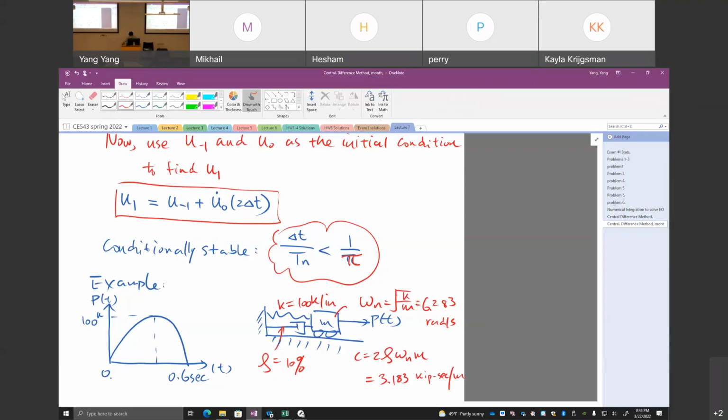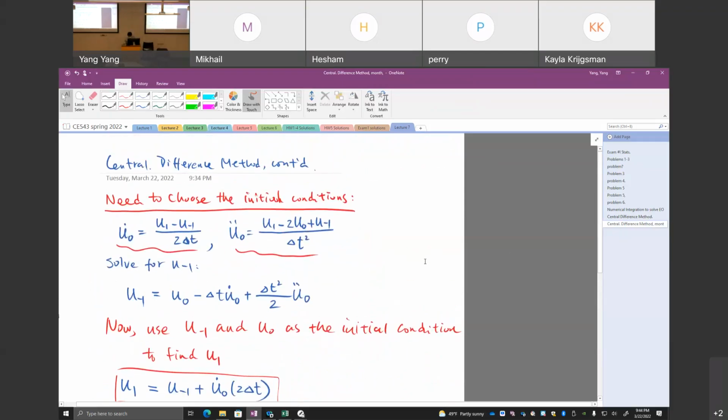Knowing the dynamic properties such as the stiffness, damping ratio, and natural frequency, we should be able to use the central difference method to calculate the response of the system, such as the displacement, using the procedure that I presented here.